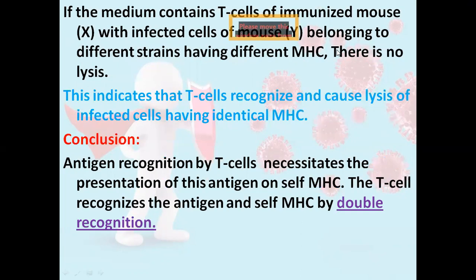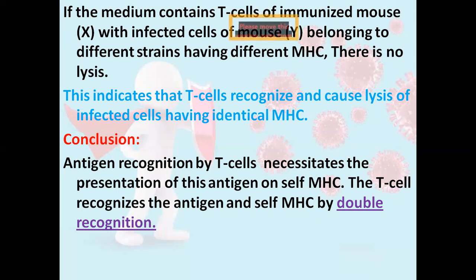However, if the medium contains T cells of immunized mouse X with infected cells of the strain Y, these are different strains, they have different MHC, different major histocompatibility complex. So there is no lysis. What does this indicate? This indicates that the T cells recognize and cause the lysis of infected cells having identical MHC, meaning they cause lysis of cells that have the same HLA or the same MHC.